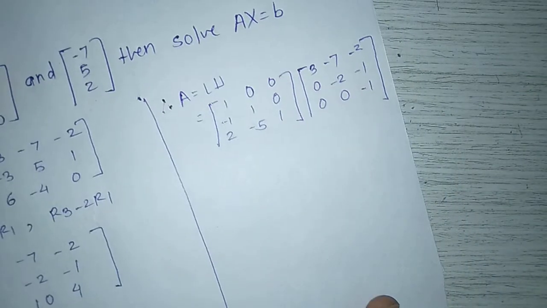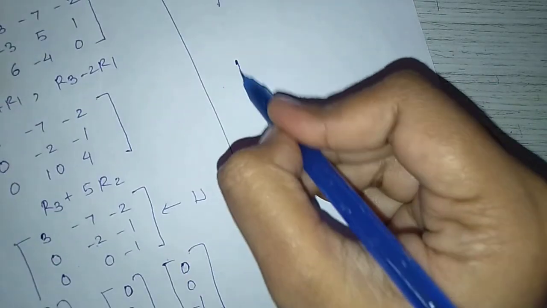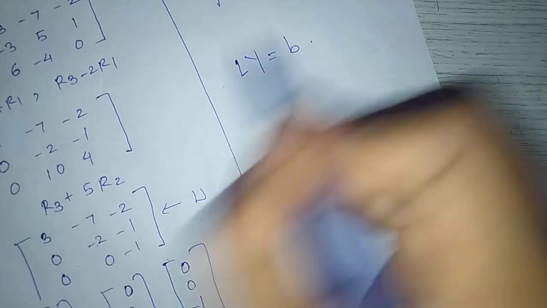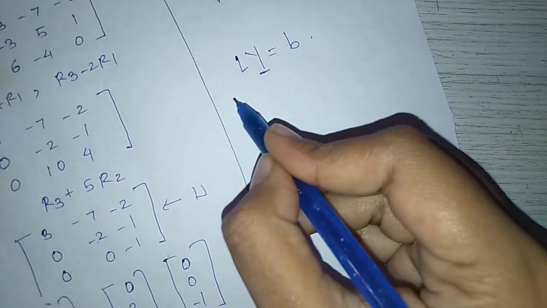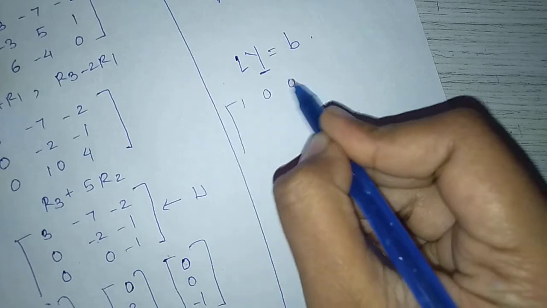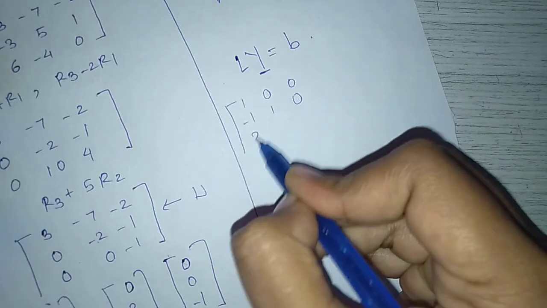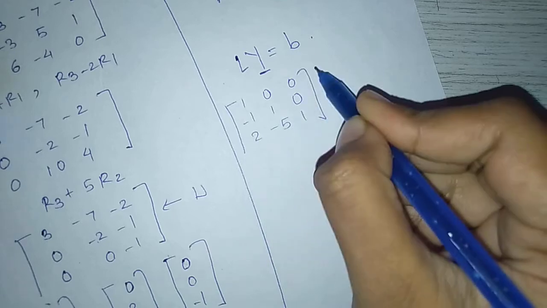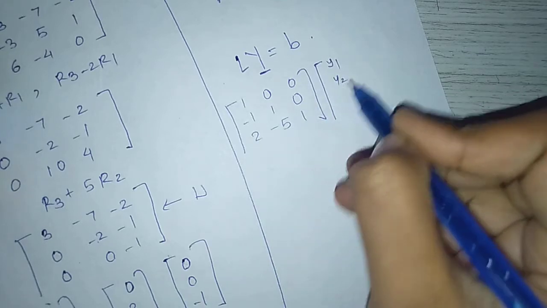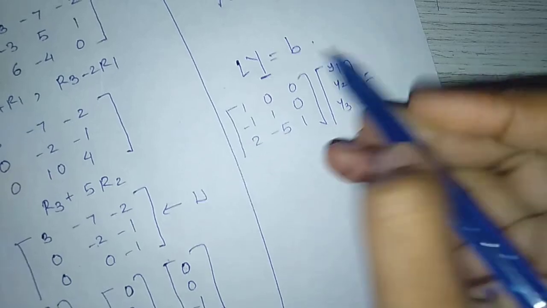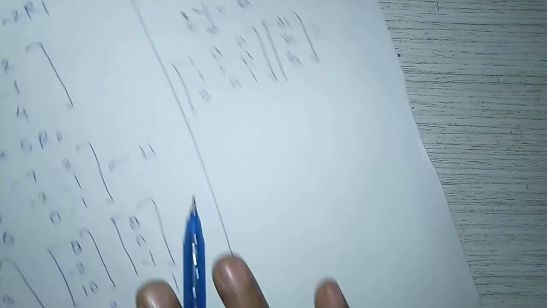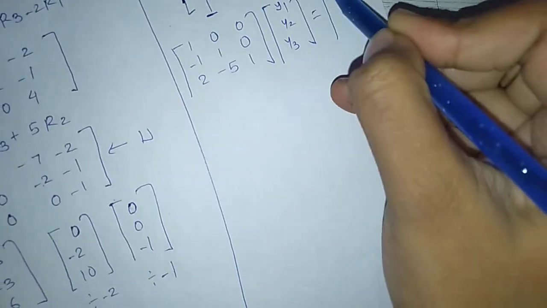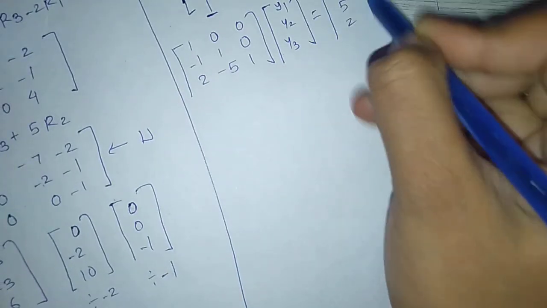Now first solve LY equals B. LY equals B means to find Y, where L is [1, 0, 0; -1, 1, 0; 2, -5, 1], and Y is [y1, y2, y3], which equals B, that is -7, 5, 2.